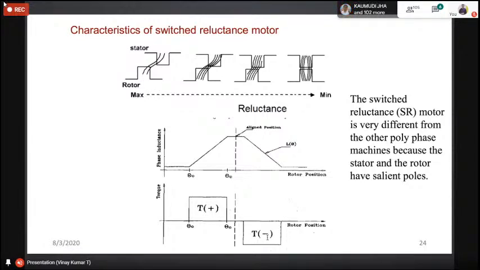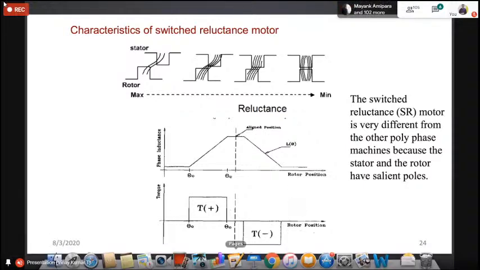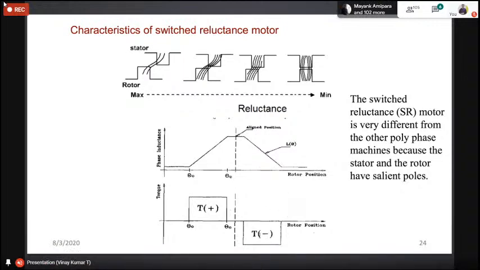Because of positive torque, let us assume the rotor is twisting in the clockwise direction. Because of negative torque, the rotor will move in the anti-clockwise direction. Finally, the rotor will vibrate for one complete cycle, right? So when our machine is operating in motoring mode, this component is required and this is the unwanted component. That's why you need to unexcite the poles.